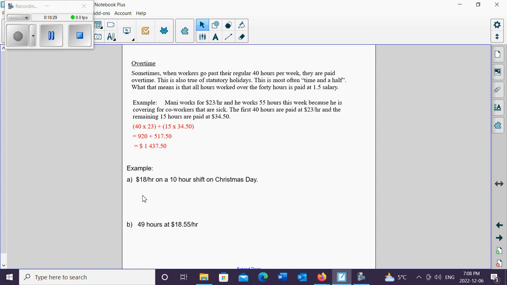So $27 an hour times 10 equals $270. This one here, 49 hours, 40 of these hours will be at $18.55, but the extra 9 hours over 40 will be at 1.5 times that salary, and it will look a lot like this question up here.